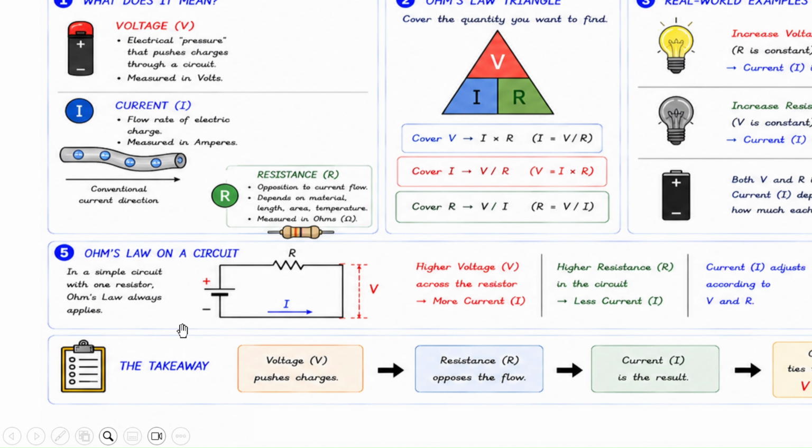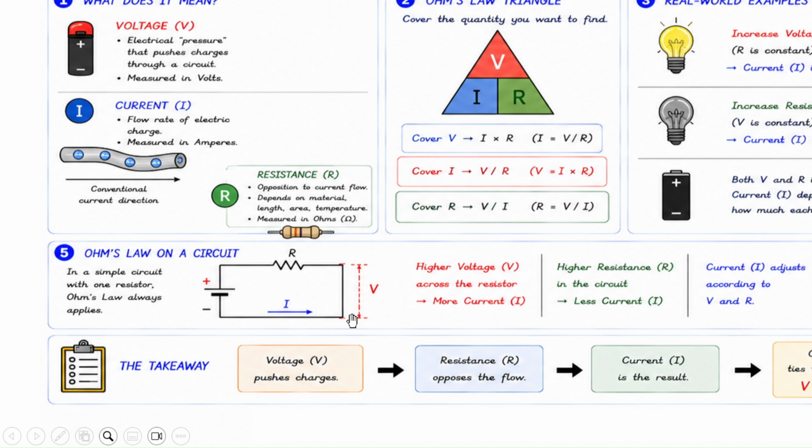So in Ohm's law, in any typical circuit, you can think of it like this: when you control the voltage, you're going to control it through the power supply. Let's say you want to raise the voltage, you'd have a bigger battery bank, increasing the number of batteries, because the voltage is essentially connected to the power supply.